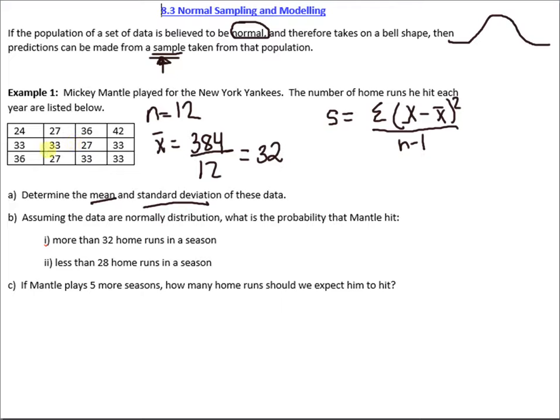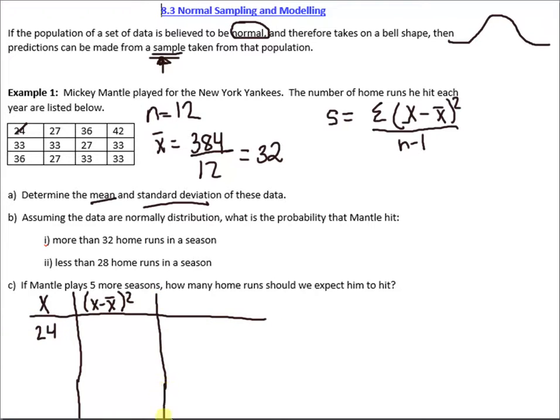Let's go through these. Many of these numbers are listed more than once, so we're going to multiply by the frequency. Let's make that chart. We have x, starting with 24, and then we go x minus x bar, skipping all these steps and squaring it right away. Then we list the frequency, and multiply the frequency by x minus x bar squared.